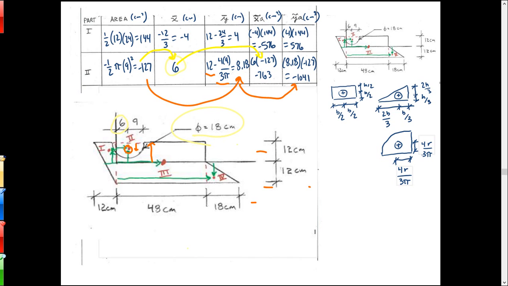Why don't you do the line there next for the next two parts, the rectangle and the triangle. So the rectangle's number 3, so start with that. That one should be pretty quick.